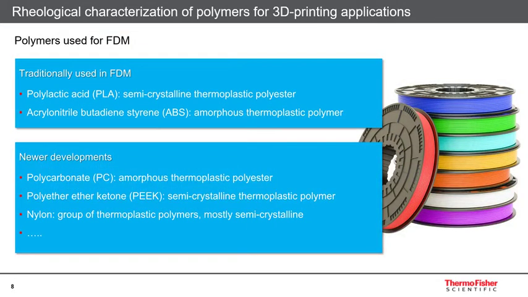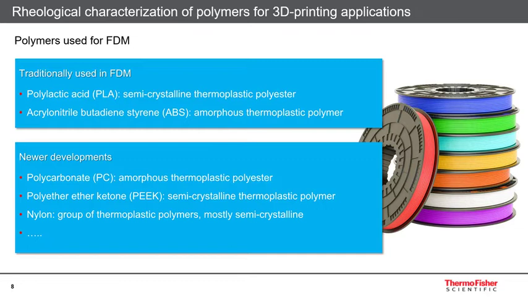Now, traditionally, the polymers used for FDM, especially for the home printer market, were often limited to polylactic acid, short PLA, a semicrystalline thermoplastic polyester, and acrylonitrile butadiene styrene, ABS, an amorphous thermoplastic polymer. But for many industrial applications, other materials are needed or desired.